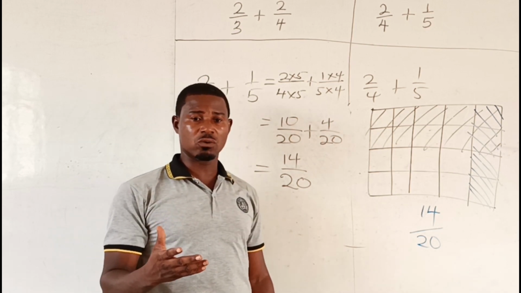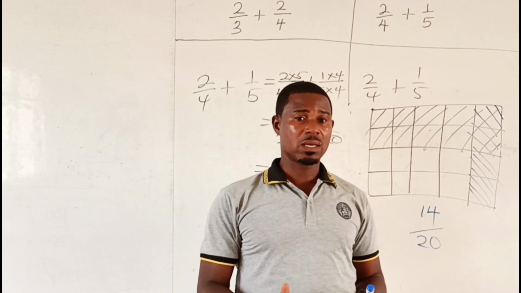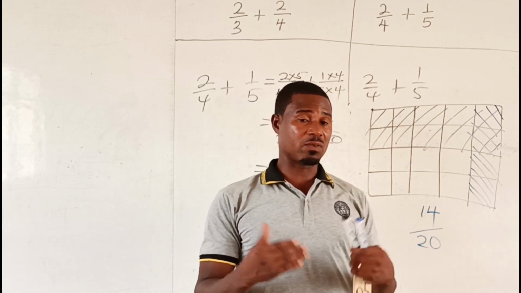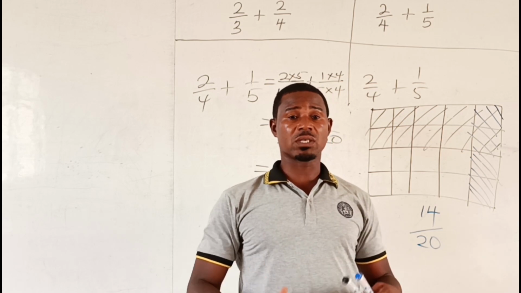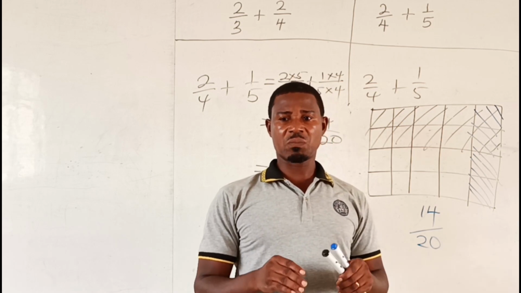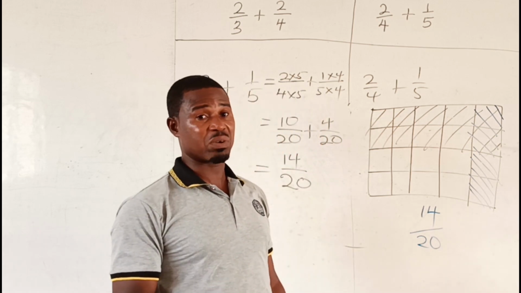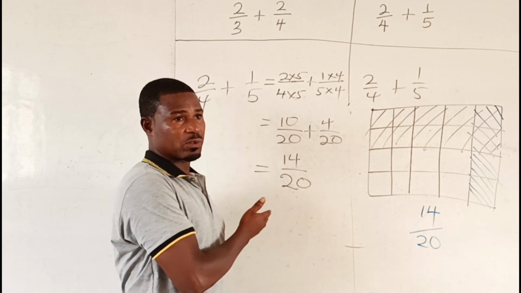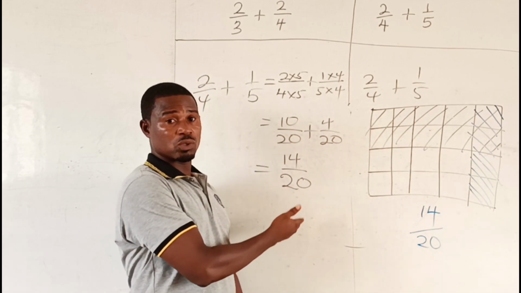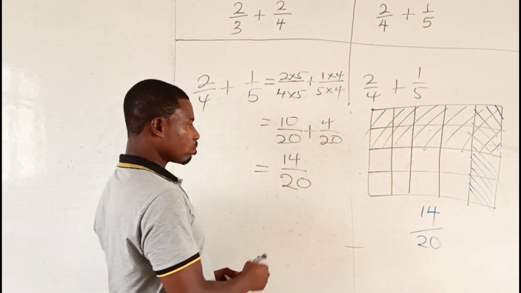Now, in the previous video, we learned that we can simplify our answers if it is possible. If it is possible to simplify the answer, we must do it to get to the simplest form of the answer. When you look at 14 out of 20, it is possible to reduce it or simplify it. So let's try and do it.